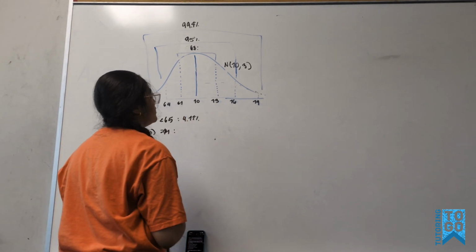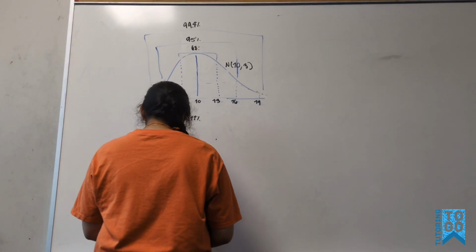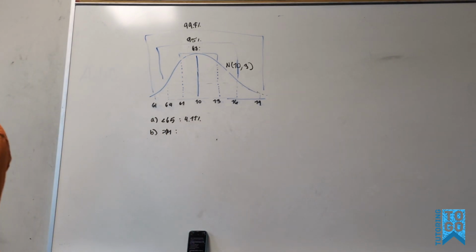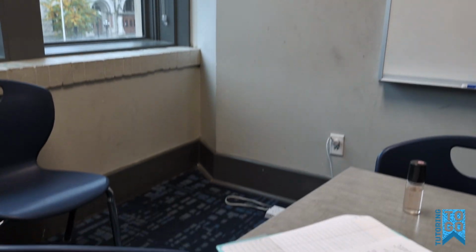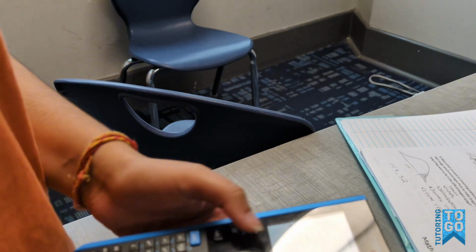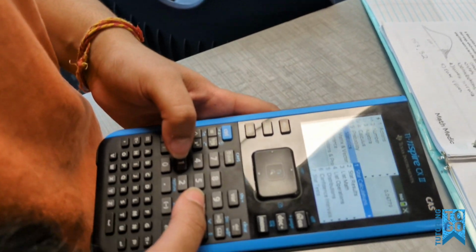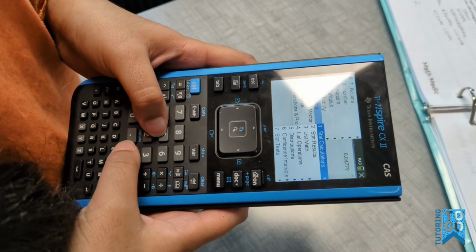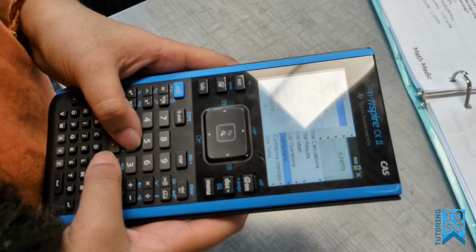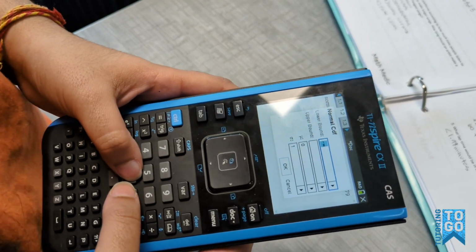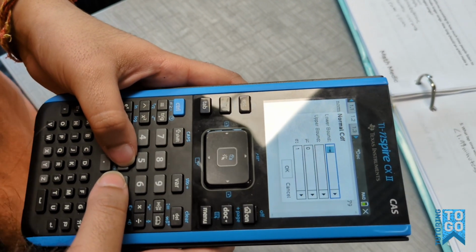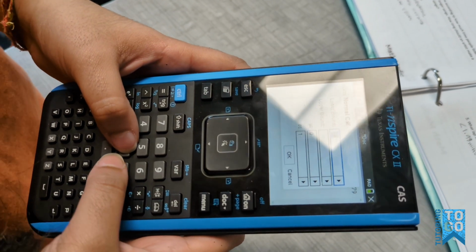For this one, we're going to have to do the same process, and 74 is also not one of our standard deviation values. So once again, we're going to need to use our calculator. So we're going to go to menu, and then I'll show you what to do on statistics this time. So statistics, and then you still just go to distributions and your normal CDF. But this time our lower bound is not going to be negative infinity, because we're trying to find values that are greater than 74.